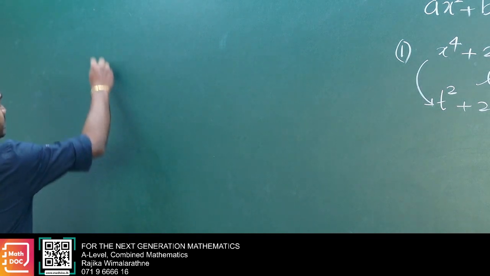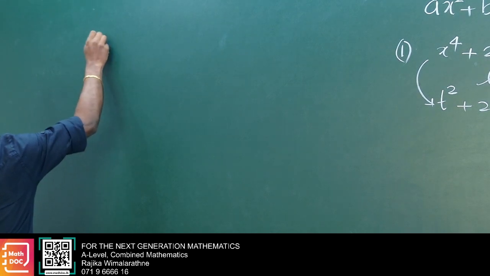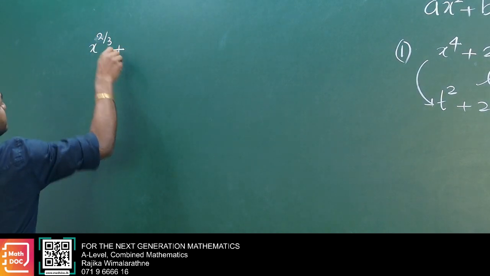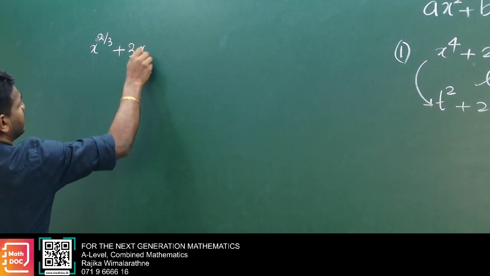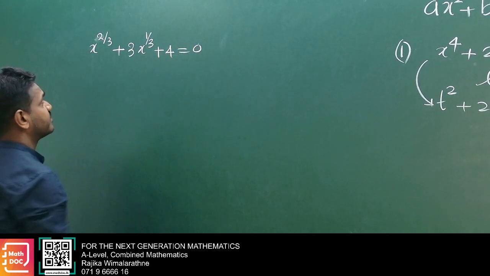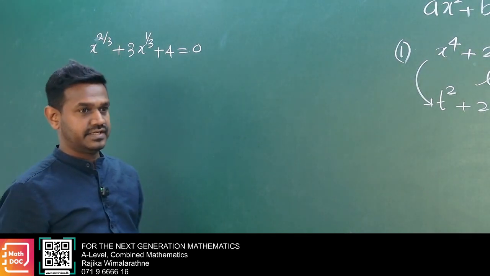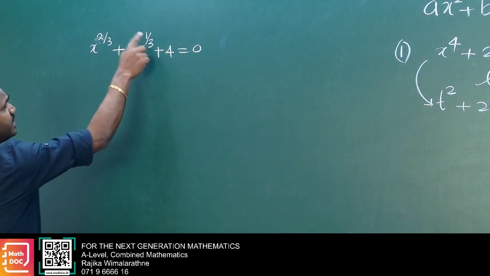Consider this one, x to the power 2/3 plus 3x to the power 1/3 plus 4 equals 0. That also you have to identify like quadratic. Here power 2, here power 1.